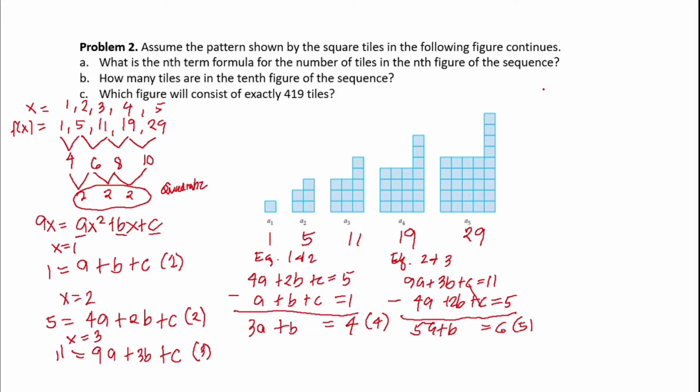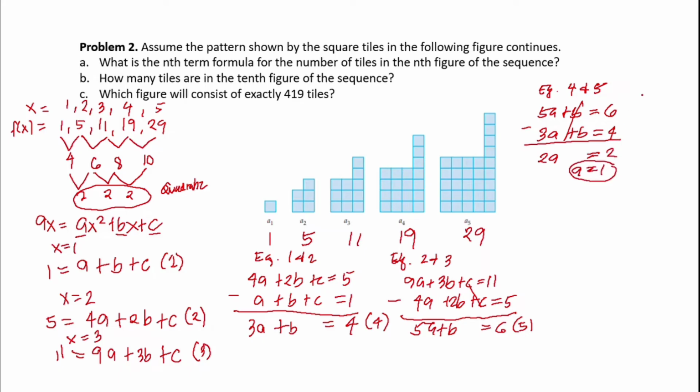So we will combine equations 4 and 5. We have 5a plus b is equal to 6, and 3a plus b is equal to 4. We subtract, so we have 2a, the b cancels, and that equals 2. So a is equal to 1.